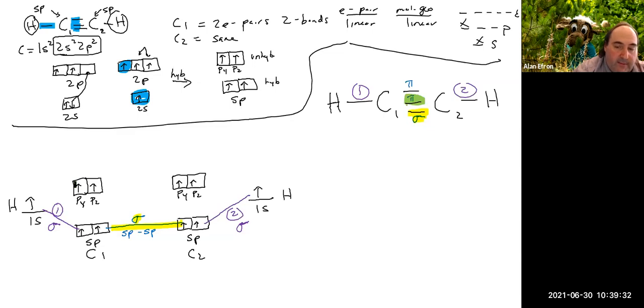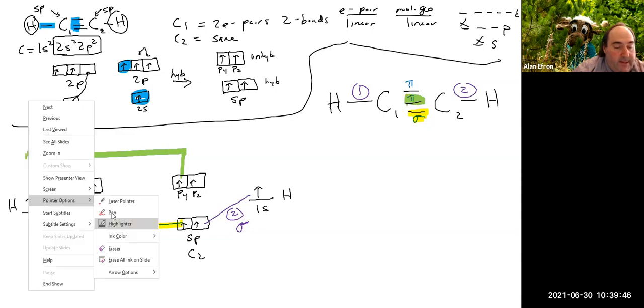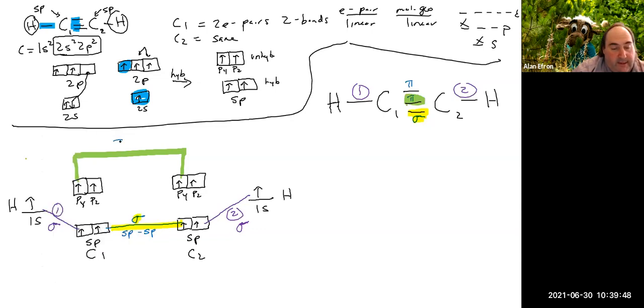So again, these unhybridized p orbitals are going to do that sideways overlap, and perhaps our next one comes from the bonding of these 2 p orbitals that are unhybridized, and this would result in our pi bond. Again, a result of that is we have our p orbitals doing that sideways overlap that's happening there.